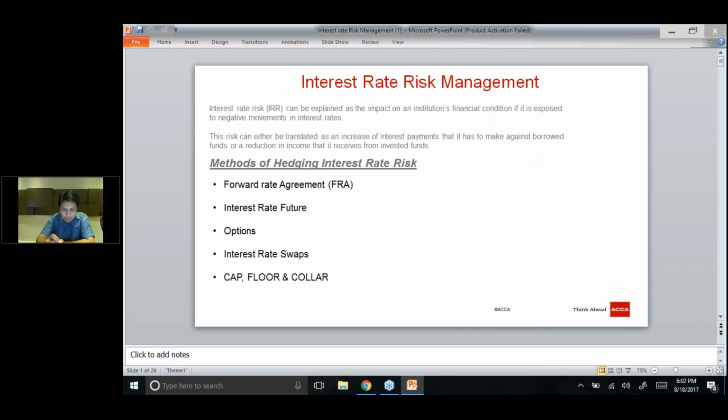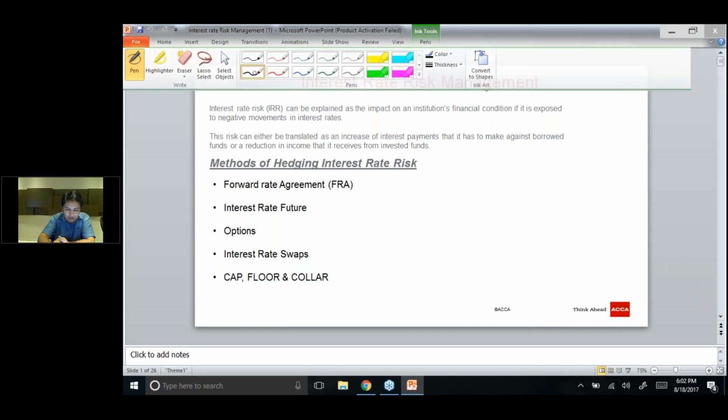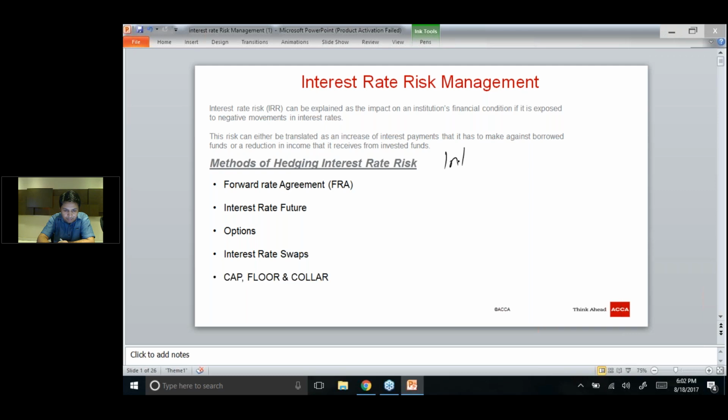What is interest? Actually, interest means there are two parts of interest. One is the base rate, that is London Interbank Offer Rate, LIBOR, plus the credit spread.